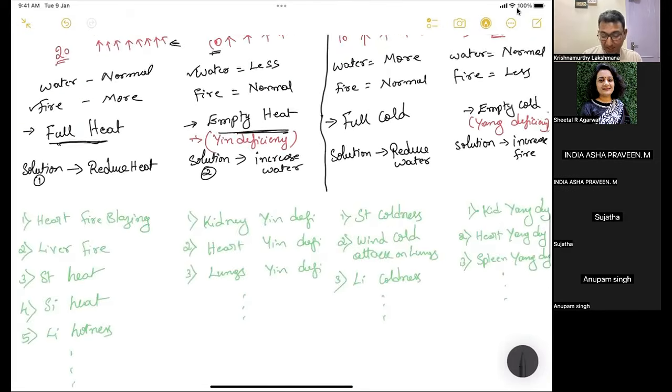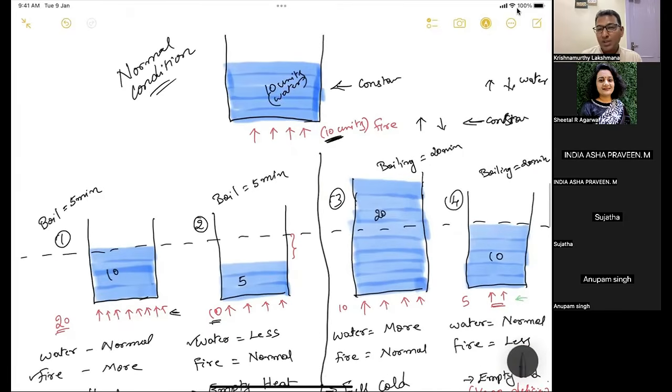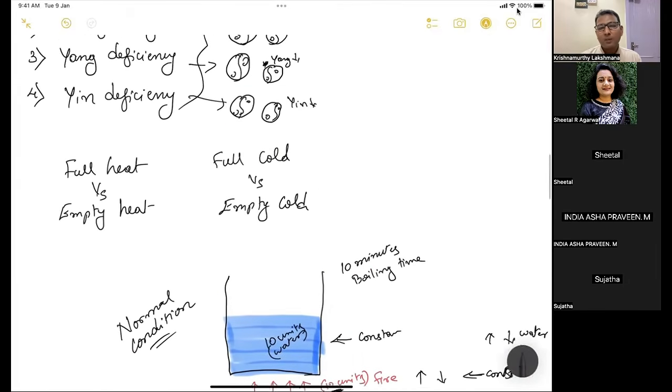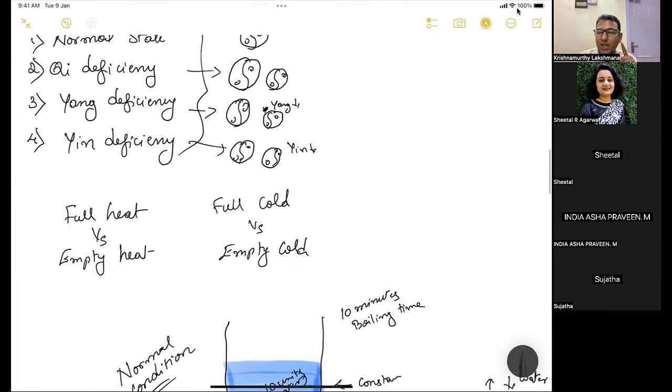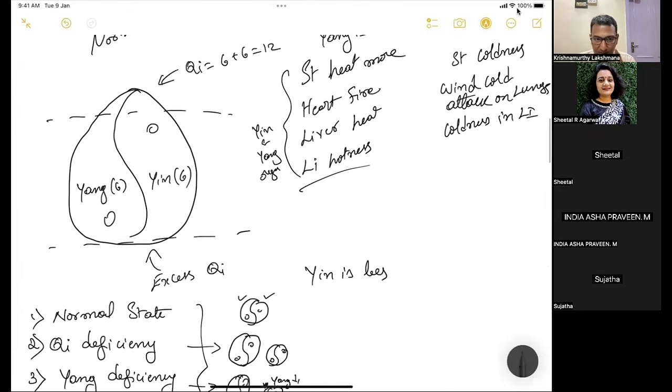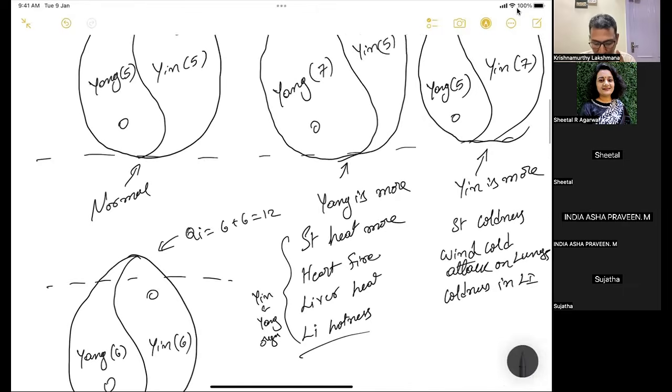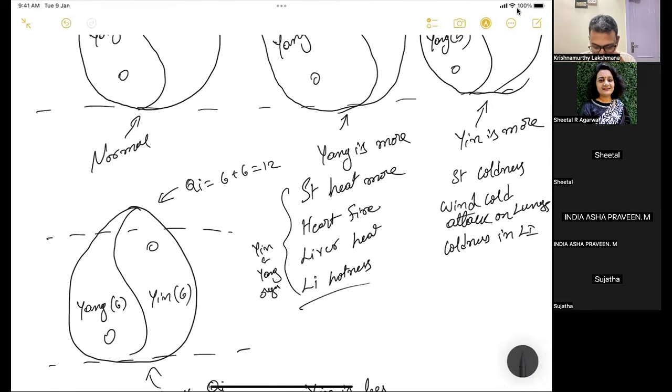So excess qi is a situation, as I told, we just have one protocol for excess qi, that is small intestine excess qi. Say the food goes and sits, it is not moving in the intestine. That is the situation where we have excess qi, and apart from that, we don't have excess qi.